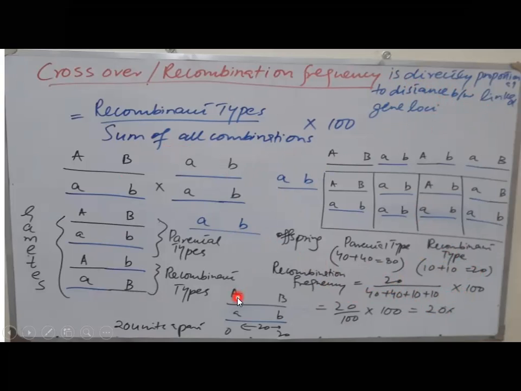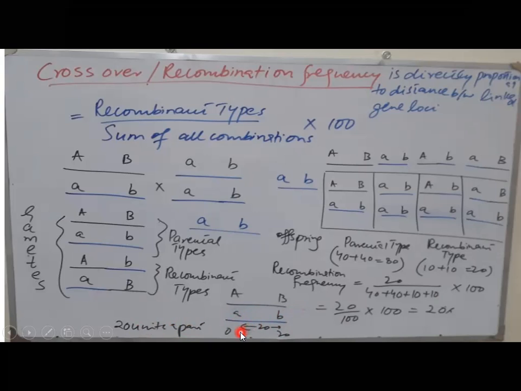For example, we have this combination. It means that these two genes are present 20 units apart, 20 units from 0 to 20. This is showing the crossing over frequency.